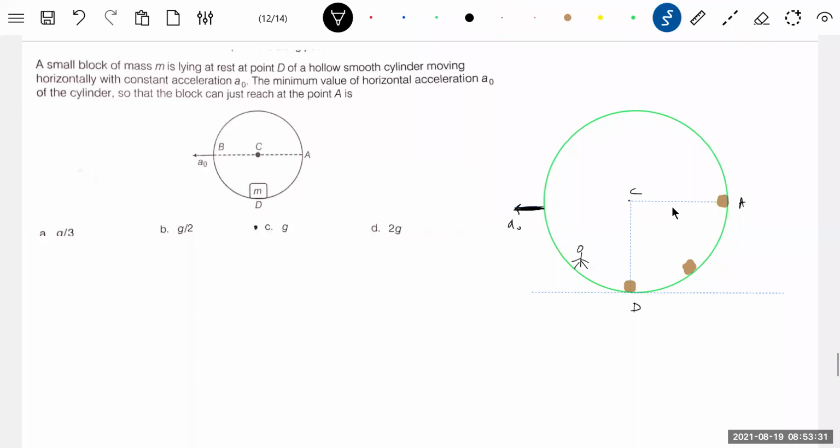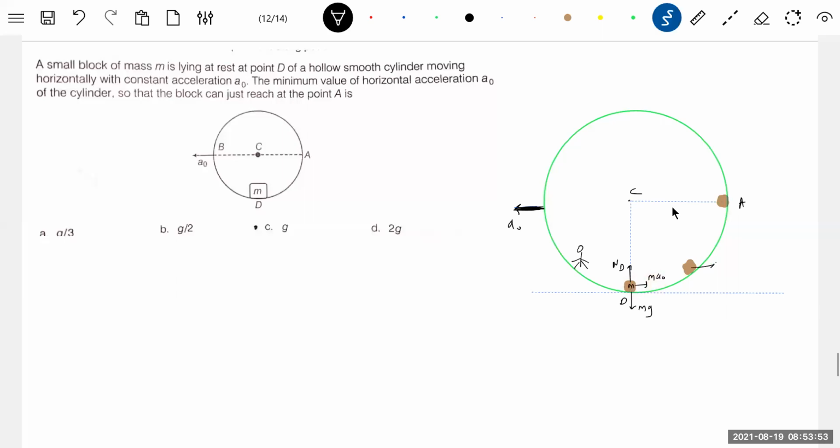What makes the block reach A? The pseudo force. Here the pseudo force will act. What are the other forces acting? mg, normal contact. This pseudo force will accelerate it.